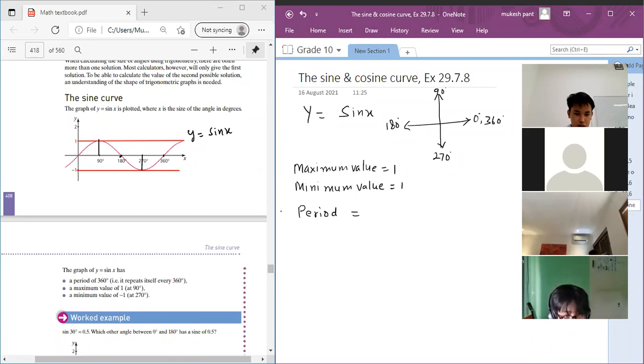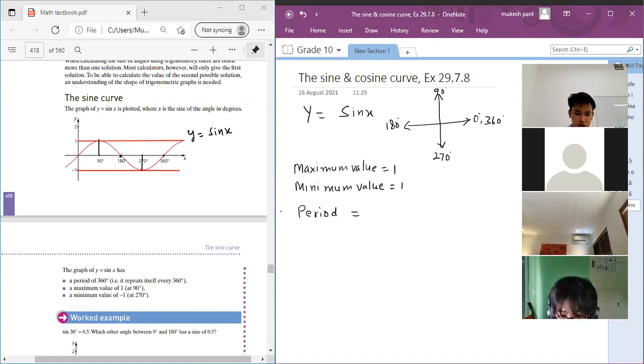At 180, the value of the graph becomes 0, and from 180 onwards it is going to be negative. At 270 it is -1, but here it starts to increase.